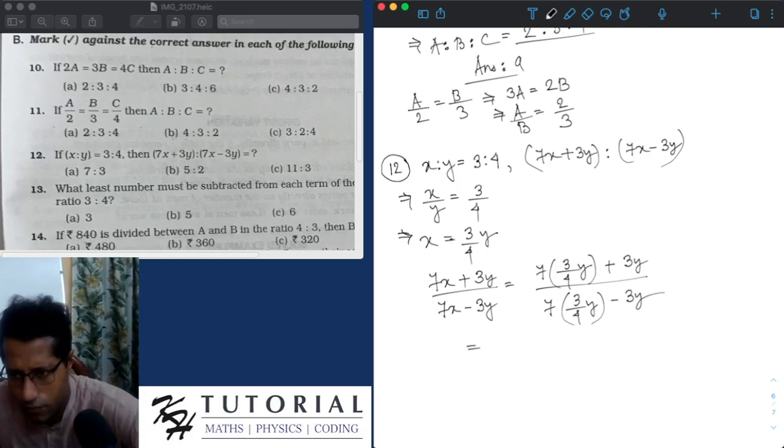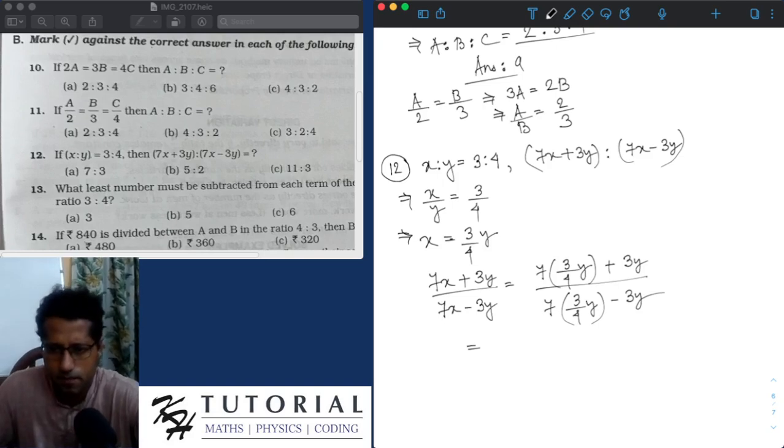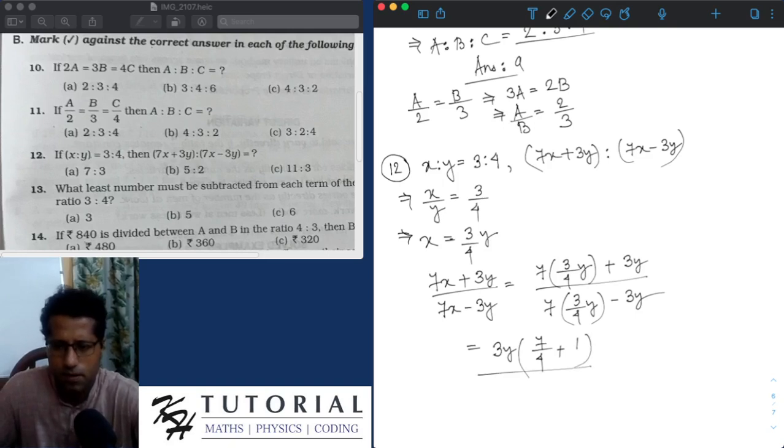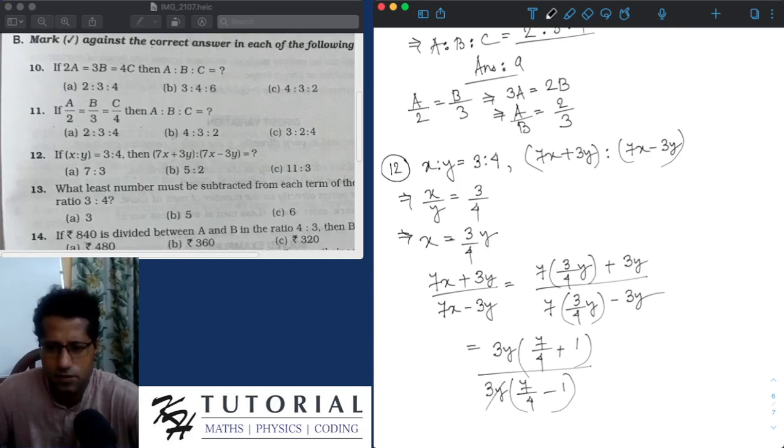I can see that I can take 3y common from both the numerator and the denominator. If I take 3y common, I get 3y into 7 by 4 plus 1 divided by 3y into 7 by 4 minus 1. Now 3y cancels out.